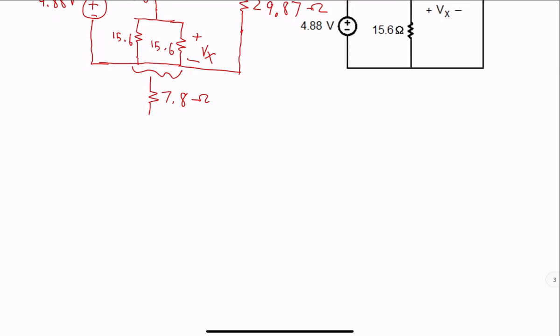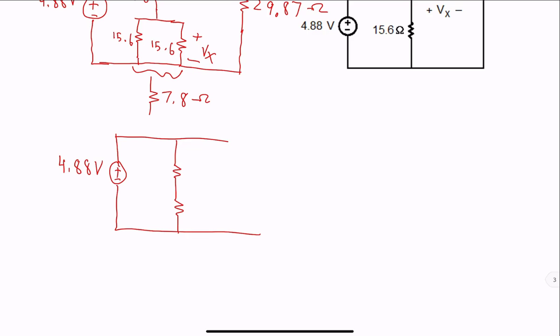So the simplified circuit now is 4.88 volts connected to two resistors, 7.8 ohms each. Vx is defined to be the voltage across the lower resistor.